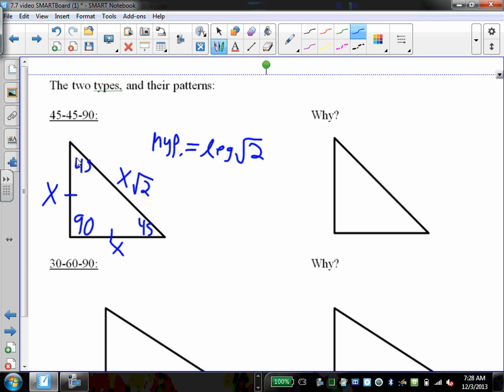Just a little justification for why this is. Let's plug in values in this 45-45-90. Let's say this is a length of 2, and this is a length of 2.